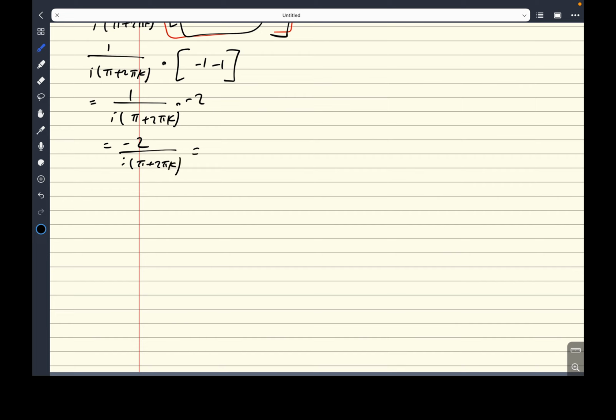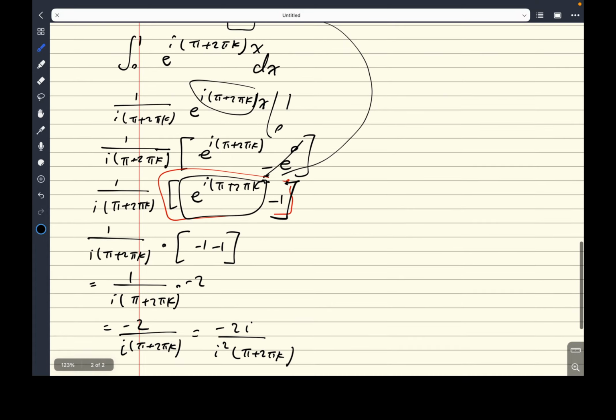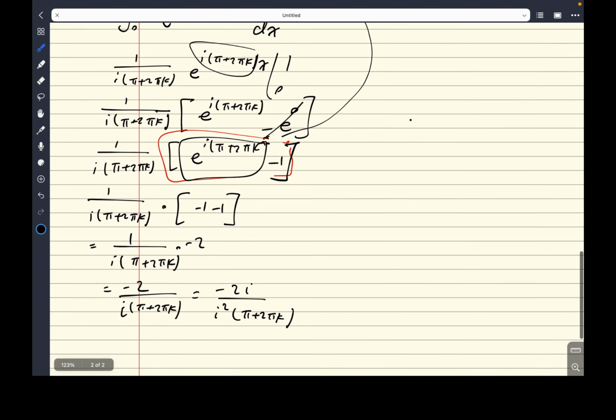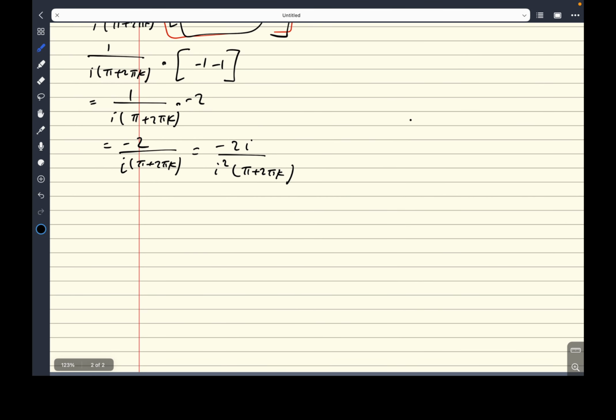We're not done yet. If I multiply the numerator and denominator by the imaginary number i, I'm going to get -2i over i squared times (pi plus 2 pi k). We know that imaginary numbers have a property that i squared is negative 1, where i is the square root of negative 1. Now it's going to be -2i divided by -1 times (pi plus 2 pi k).